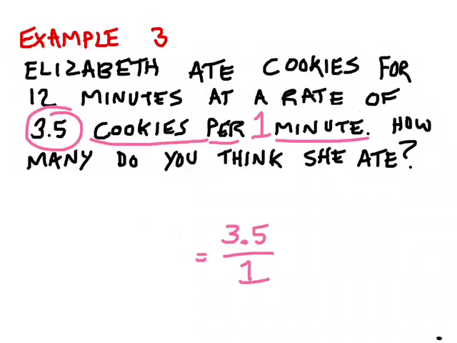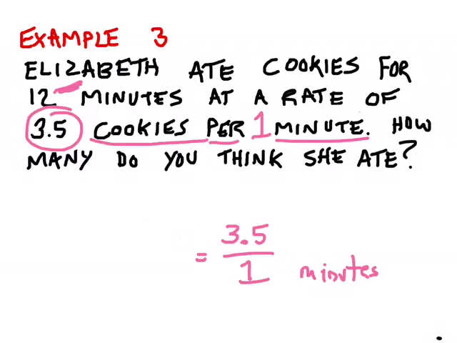And we can start off our equation this way, 3.5 cookies in 1 minute. The other side of the equation is going to be based off the other information we have. Elizabeth ate cookies for 12 minutes. So here I've got a little more information. She's eating for 12 minutes. In my unit rate, minutes is on the bottom. It's a 1 minute chunk, 3.5 cookies in 1 minute.